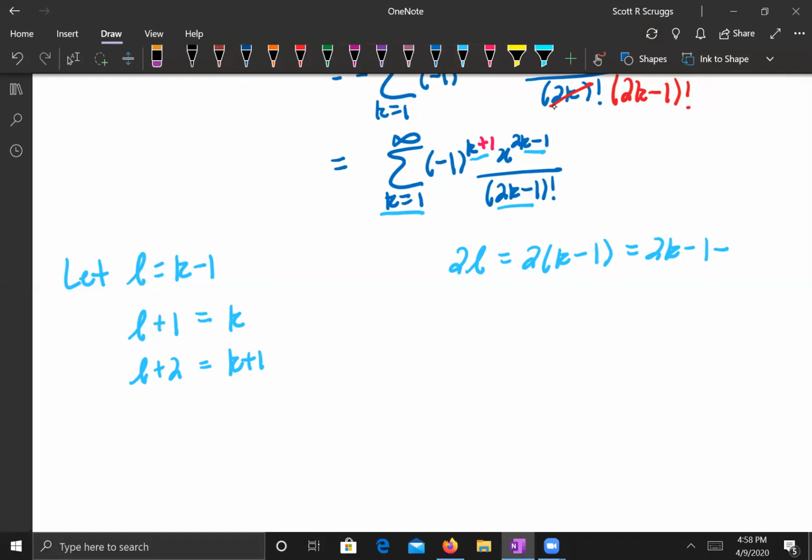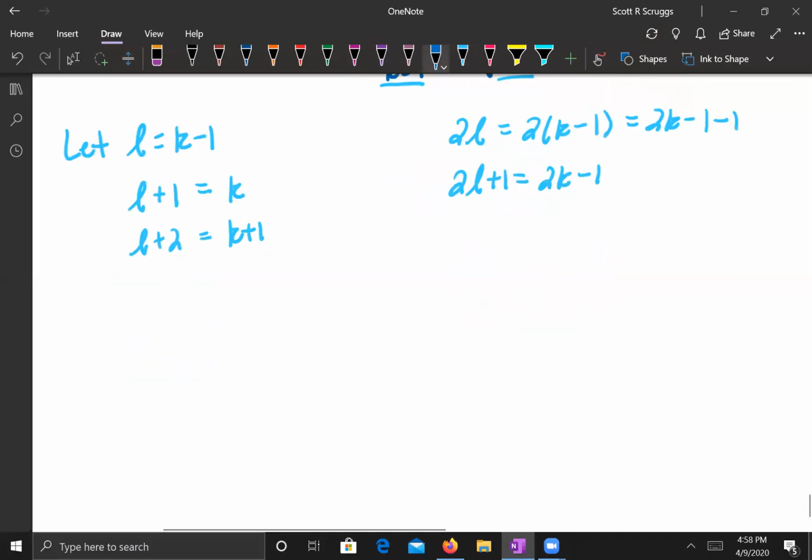What am I doing? There we go. That means I'm going to add both sides by 1 to give me 2L plus 1 is going to equal the 2k minus 1 in my sum right now.